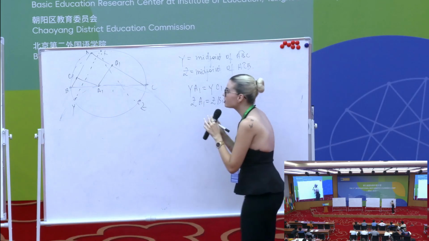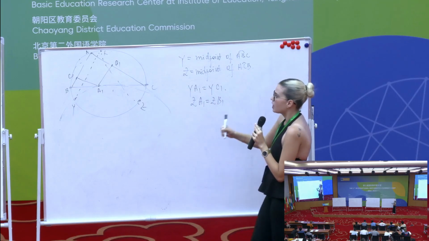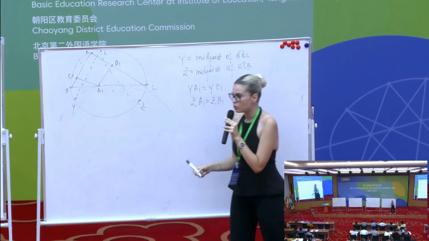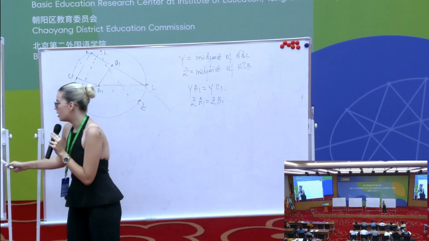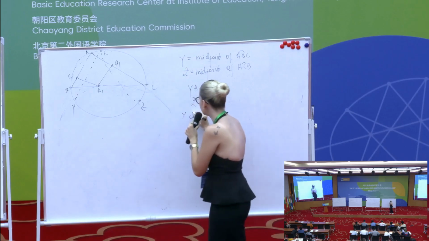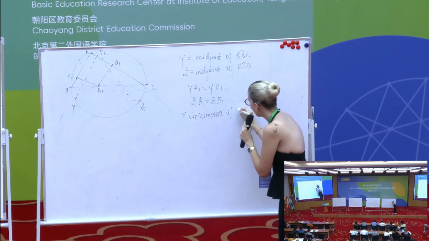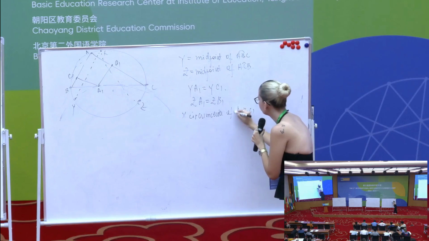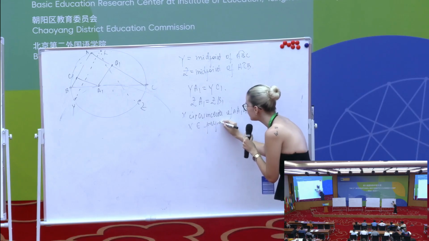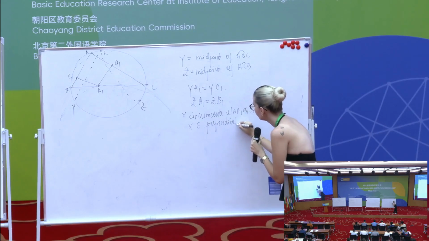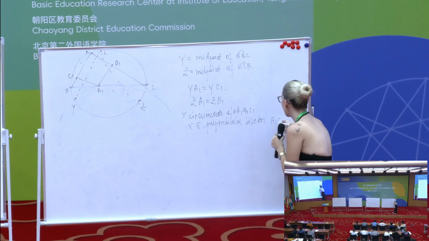But what we know actually, because X is the circumcenter of A1, B1, C1, we get that X lies on the perpendicular bisector of the segment A1C1.